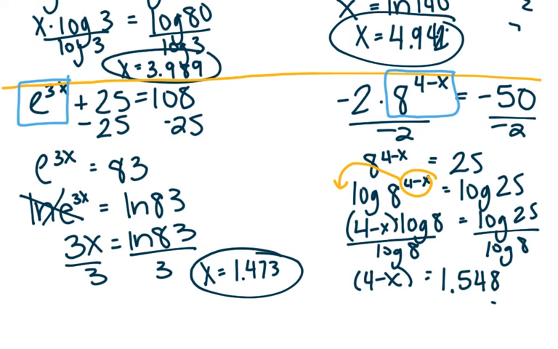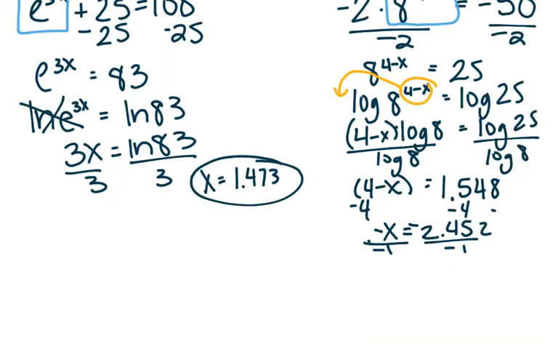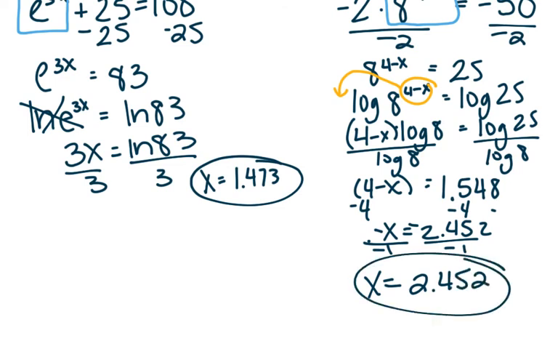And now I have to get rid of the 4. I'm going to subtract 4 from both sides. And then if I need to get rid of the negative, oh, that's a negative, I'm going to divide both sides by negative 1. Okay, so x equals 2.452. That's my answer.